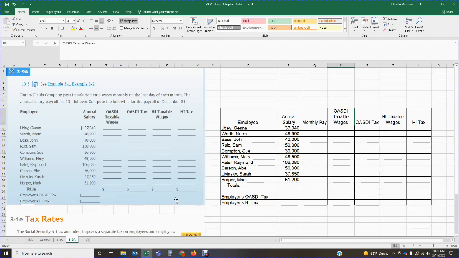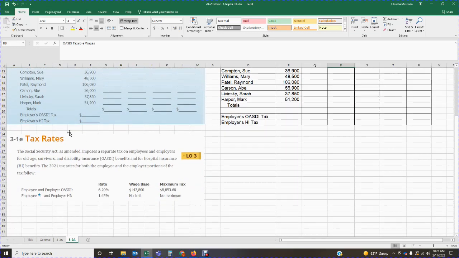What I have found is students have difficulty figuring out the taxable wages for employees that go over the OASDI cap. Your textbook in chapter 3 goes over the tax rates for the OASDI and for the HI. Remember, OASDI stands for Old Age Survivors and Disability Insurance.